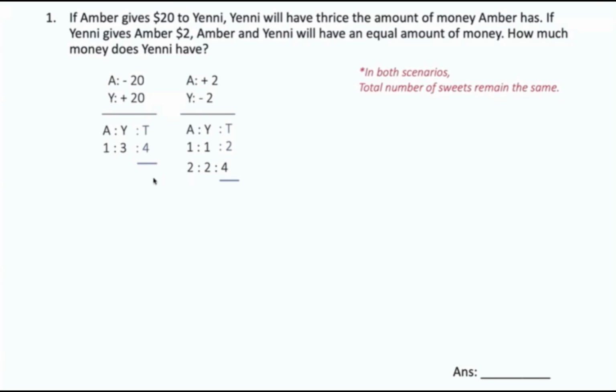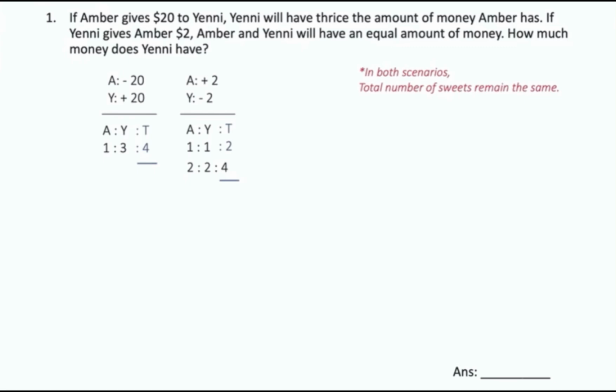Meaning in both scenarios, there's a difference of 1 unit. The difference is because in this scenario, Amber has $20 less. In this scenario, Amber has $2 more. So the difference between Amber in both scenarios is actually $22.